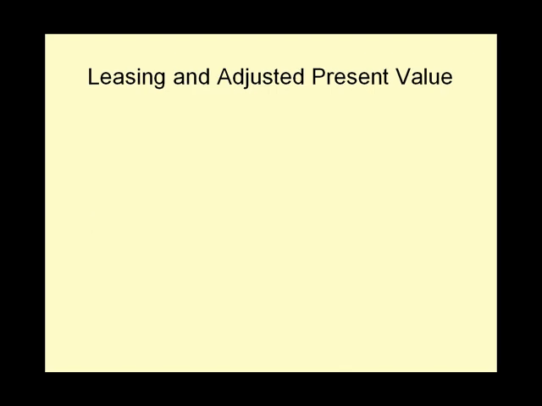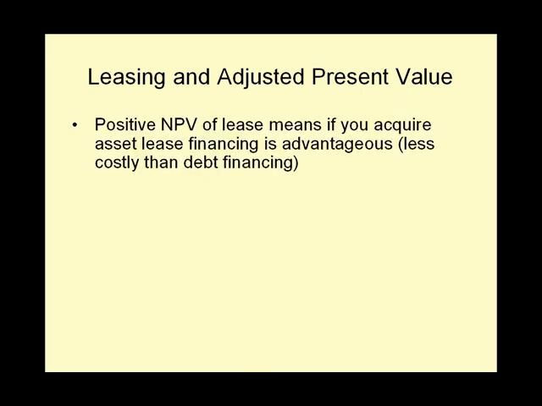A second situation wherein the financing and investment decisions are often connected is in the case of lease financing. Here again, it may be necessary to calculate an adjusted present value. In a lease financing situation, a positive NPV of the lease means that if you acquire the asset, lease financing is advantageous. That is, it's less costly than debt financing. Lease financing is the preferred financing option.